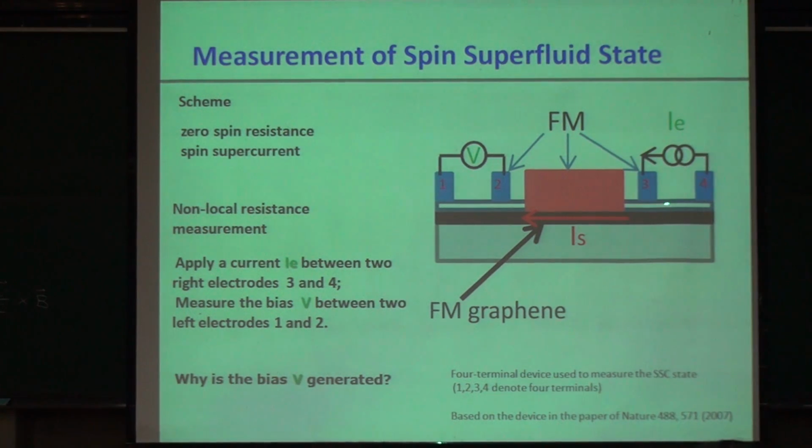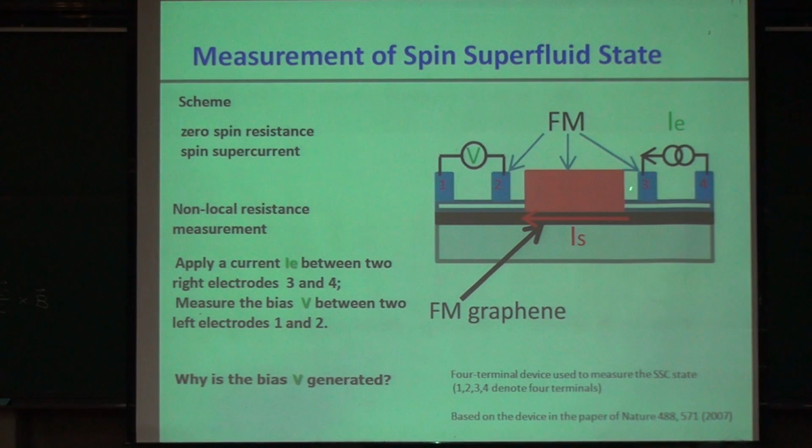Now, suppose this is a sample. You have two ferromagnetic contacts at one end of the sample, and another two at the other end. These two contacts create an electric current loop, so you send the current through this loop.